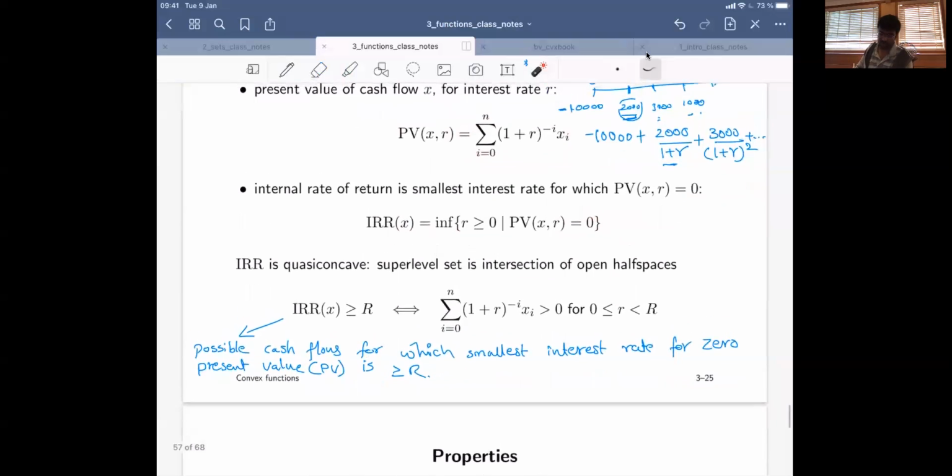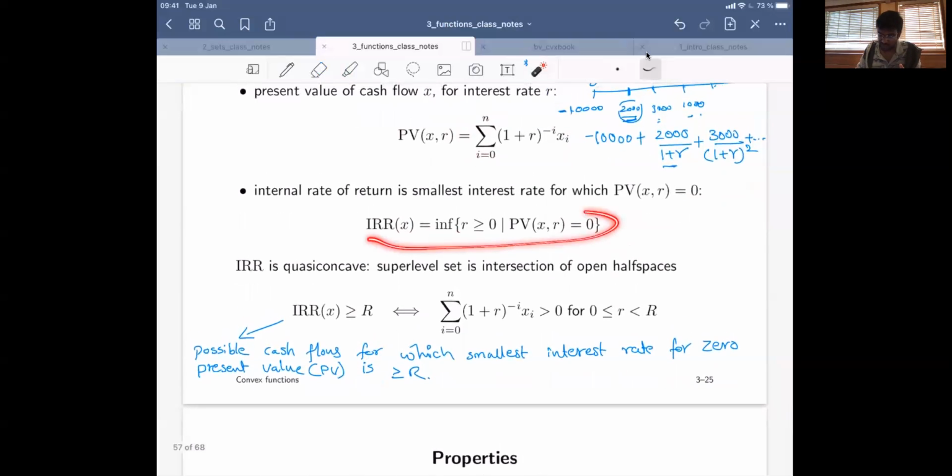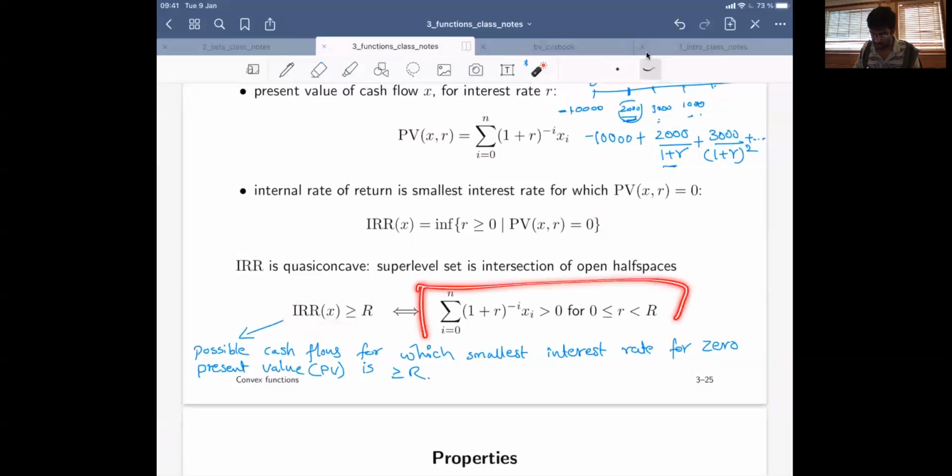And now this is a very complicated function, you cannot visualize this, but the good thing is, if you consider a super level set of this, you will get an inequality like this, which says that this present value has to be positive.